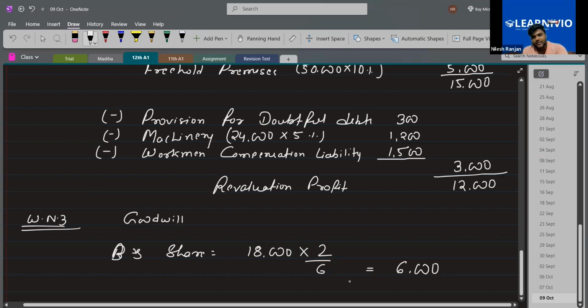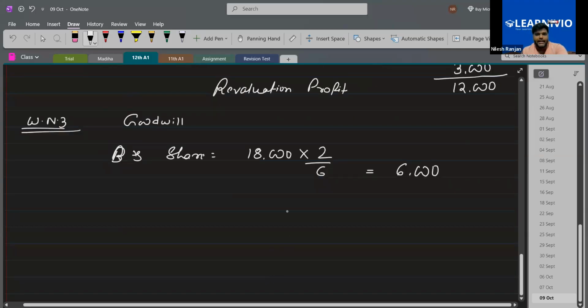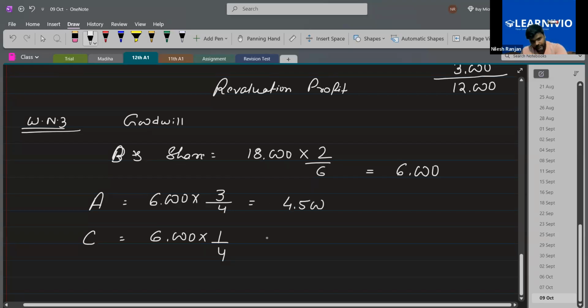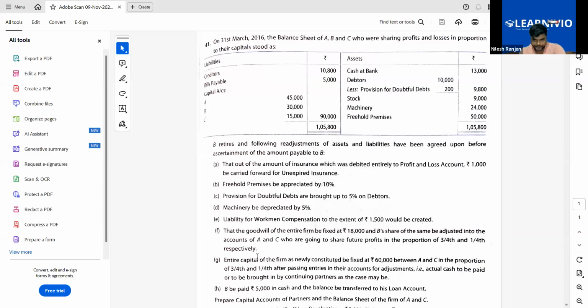B is getting 6,000 for his goodwill, and it is to be contributed by A and C in the ratio 3:1. So 6,000 into 3 by 4 and 6,000 into 1 by 4, so 4,500 and 1,500. So goodwill is also completed.